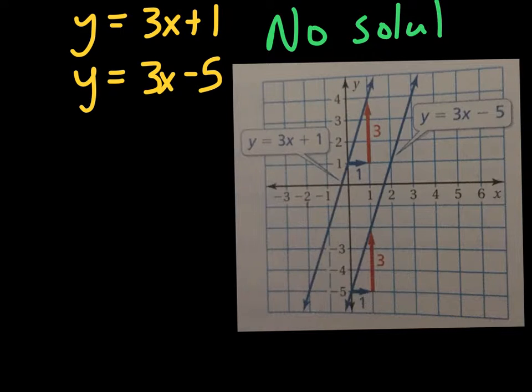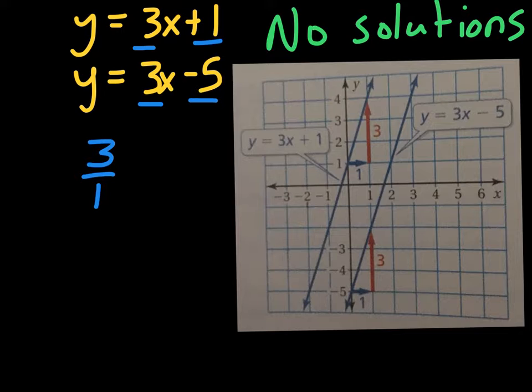Now you could identify this without graphing it, and let me show you how. The first way that you can identify parallel lines and that your answer is going to be no solutions is by looking at the slope. When you look at the slope, what do you notice? Hopefully you said that they're the same. Both of these lines have the same slope of 3 over 1, correct? That means half of our criteria. The other thing that you need to do is look at the y-intercepts.